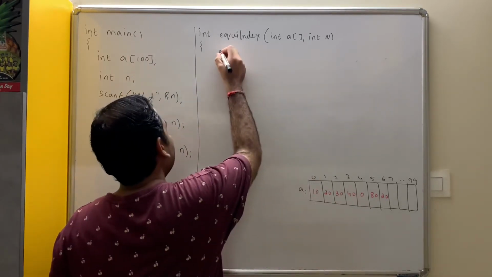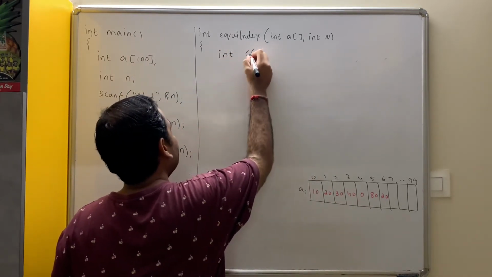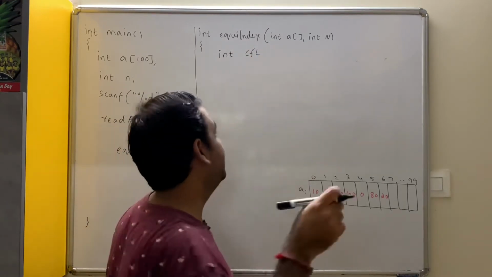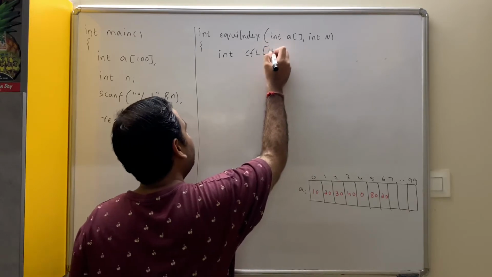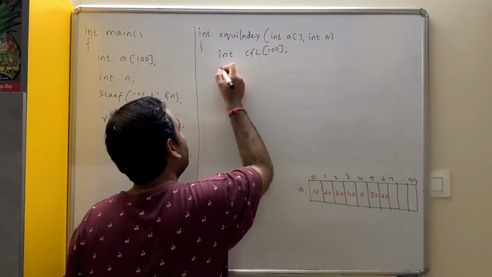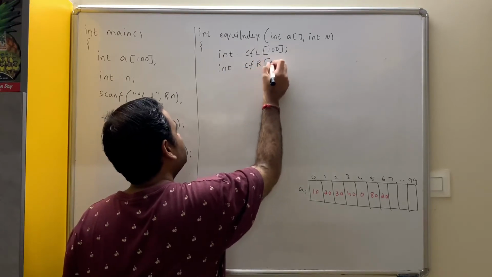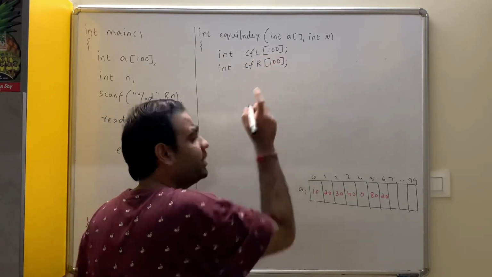Hence, let's declare 2 arrays, and I say int CFL. CFL means cumulative frequency from LHS of 100 elements, and one more array I need, int cumulative frequency from RHS of 100 elements.